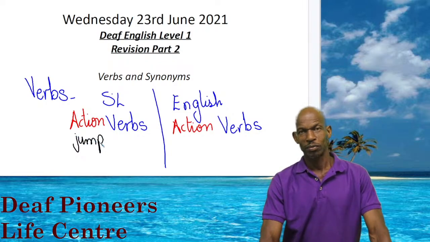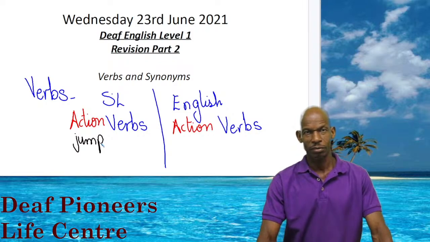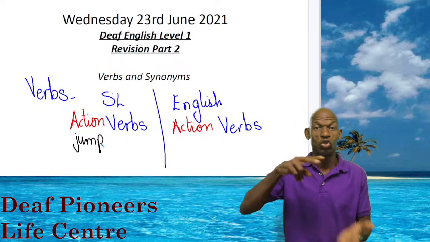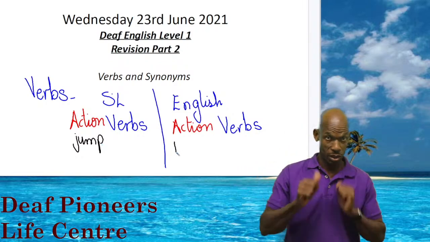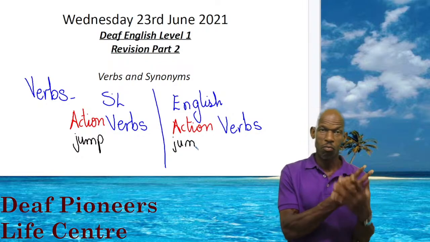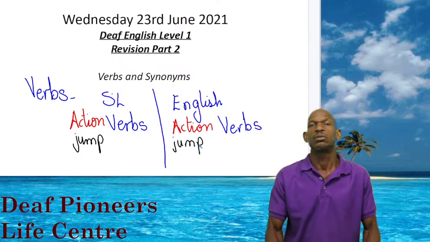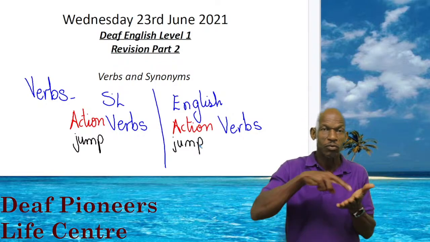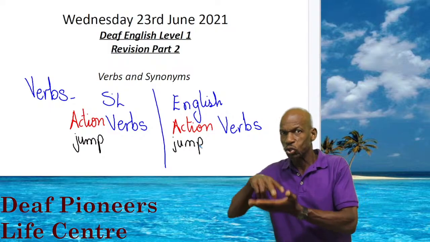We have jump in sign language, and the same action word we have in sign language, we have in English. In English you will have a word, and in sign language you'll have a sign for it.